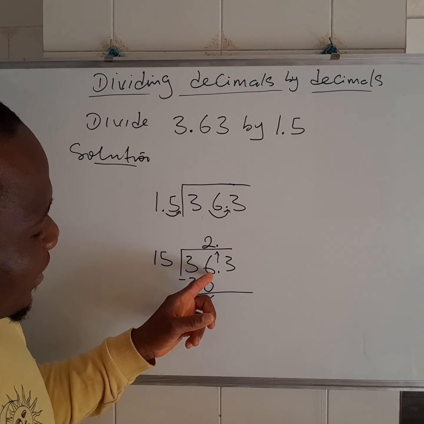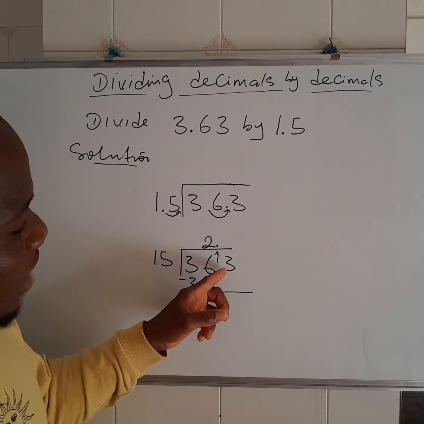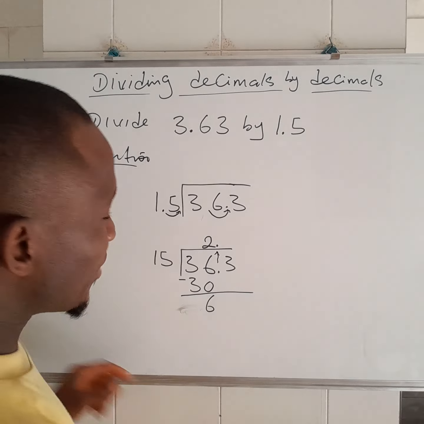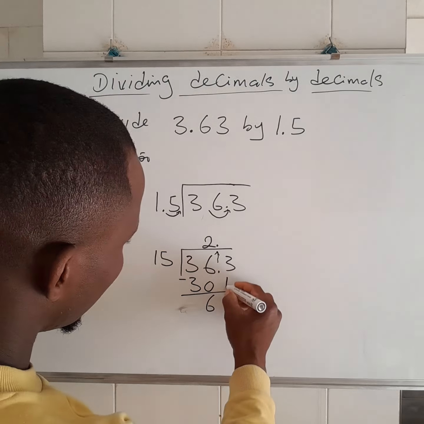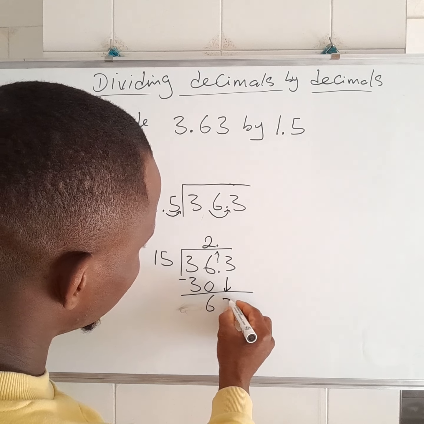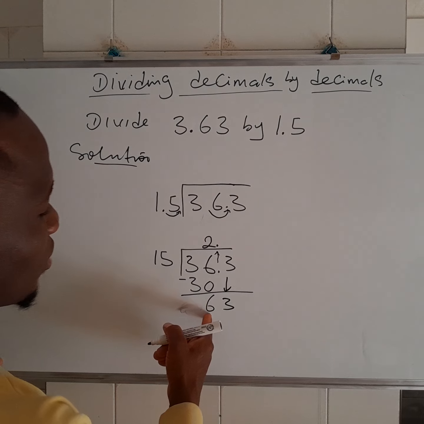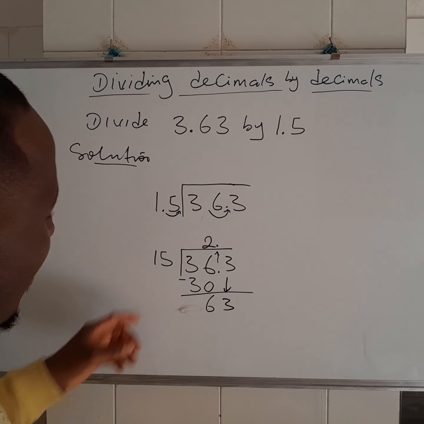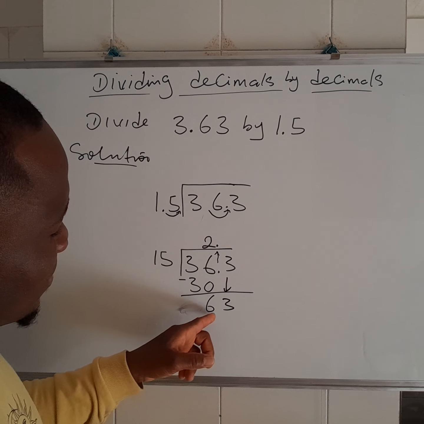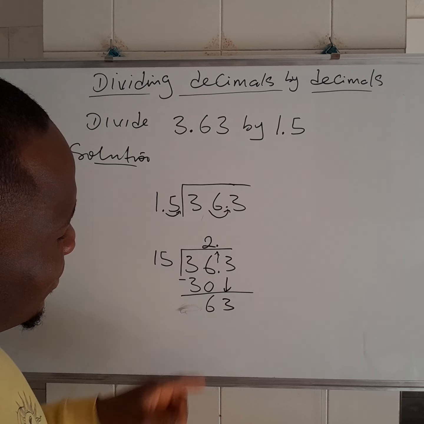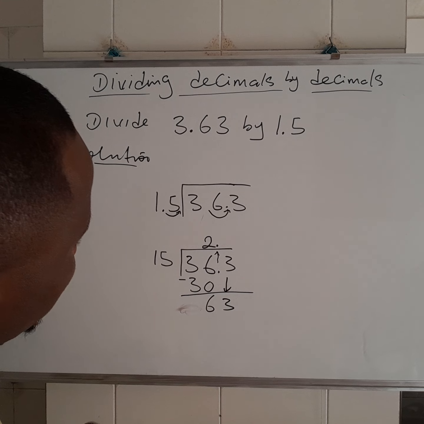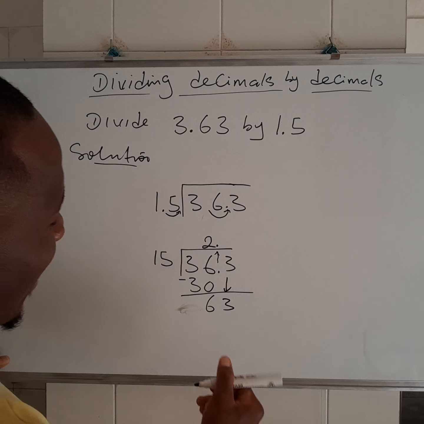So you go again. After your decimal point, you have 3, all right? You bring down your 3. So this becomes what? 63. You use 15 to divide, so 63 divided by 15. How many times?